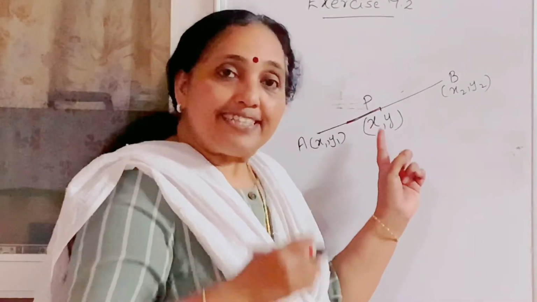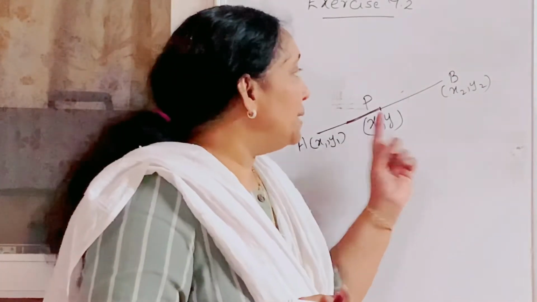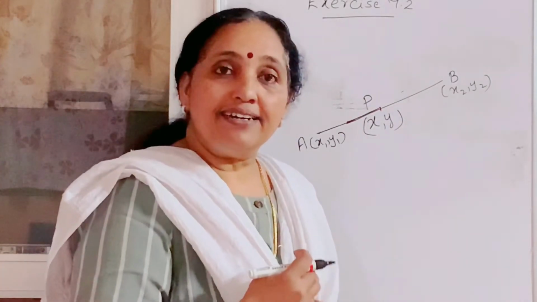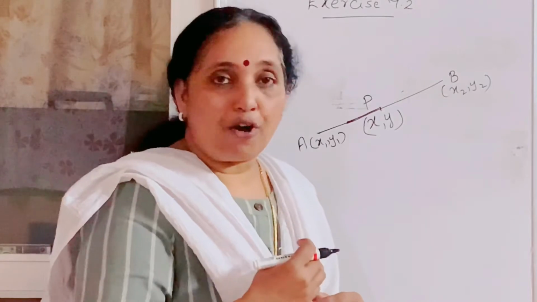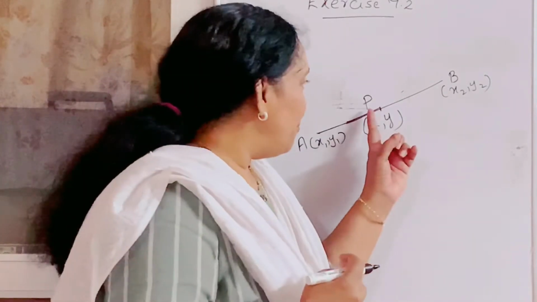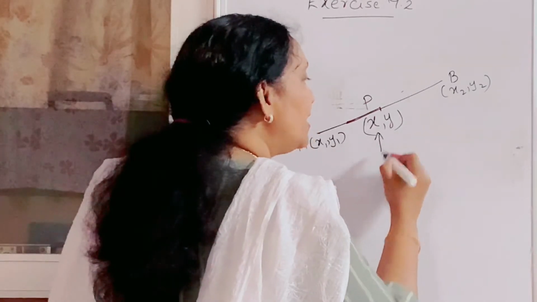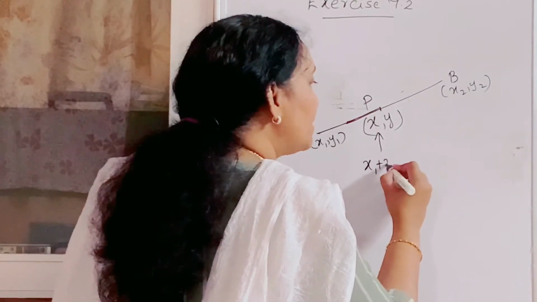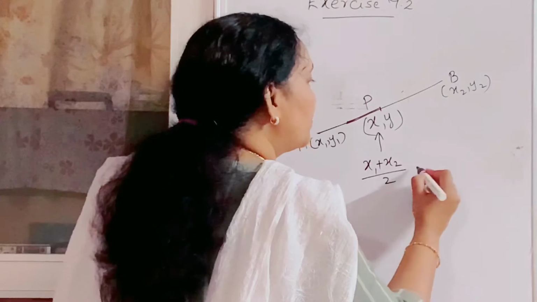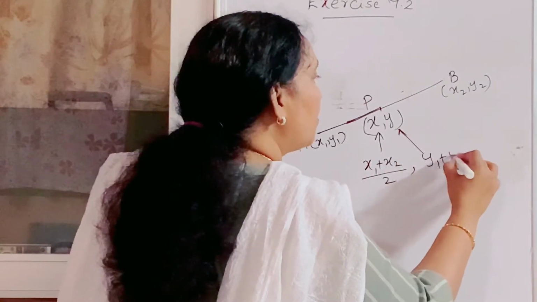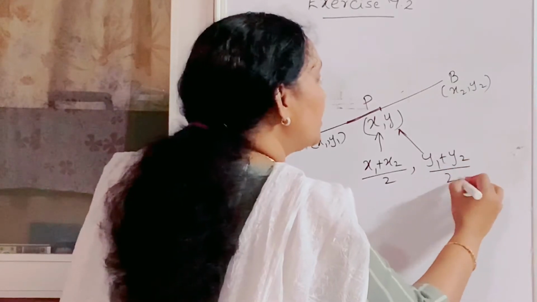The next one is, if the point P is the midpoint of AB, then how to get the coordinates of that point P? If P is the midpoint, then the X coordinate of P is x1 plus x2 by 2, and the Y coordinate is y1 plus y2 by 2.